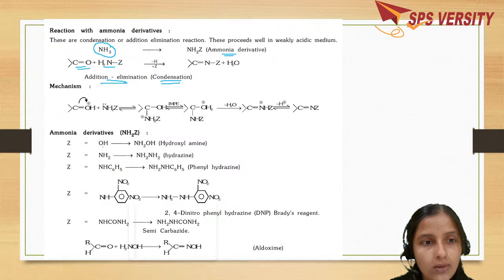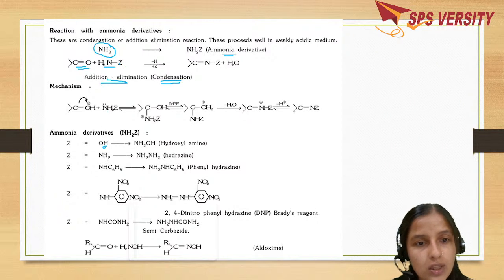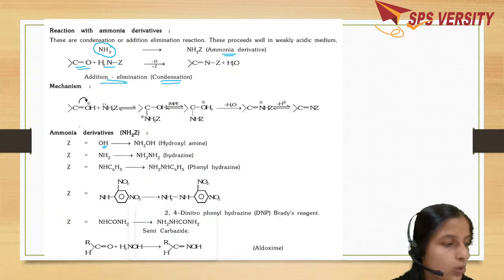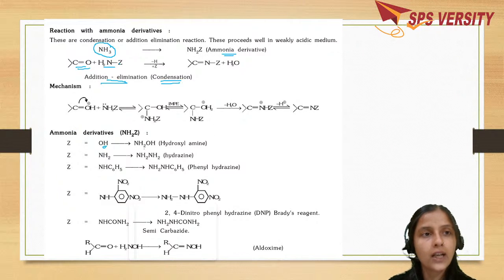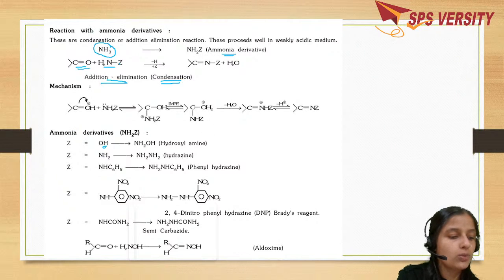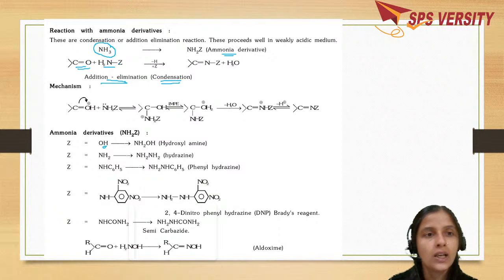So if Z is equal to OH, that's NH2OH, hydroxylamine. If it is NH2, hydrazine, if it is NHC6H5, phenylhydrazine. This is how all these Z groups are being replaced by different other groups, because of which what you can expect over here is the derivatives.